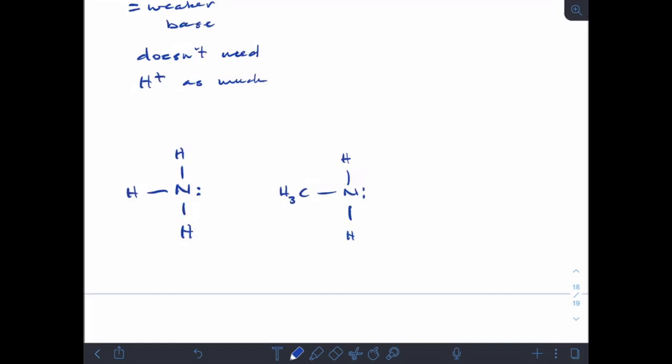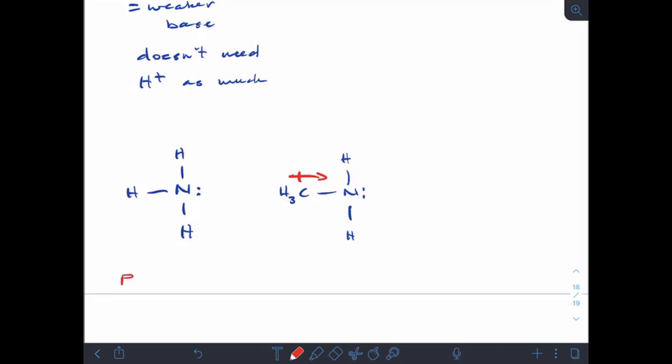Right, what happens here is in the ammonia, our compound on the left, that one really likes to have another hydrogen on there to get rid of that extra negative charge. But when I add the carbon to the ammonia compound, the carbon actually donates electrons in the direction of the nitrogen.